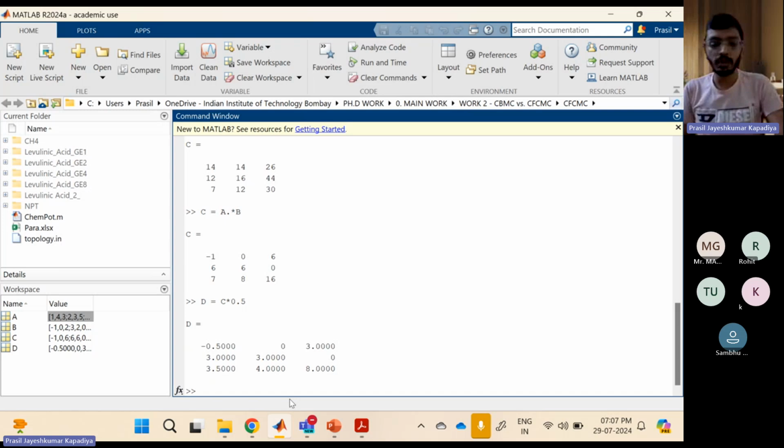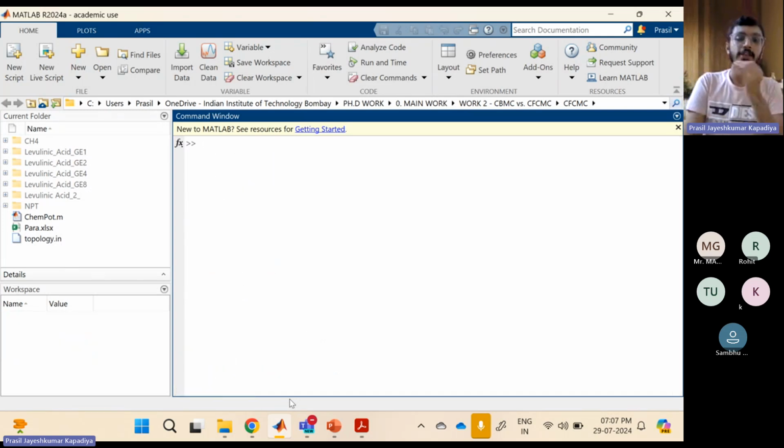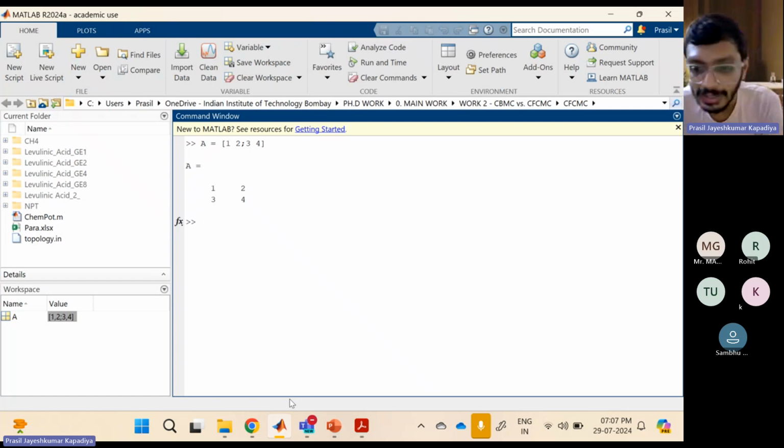Okay, one very important thing. I will first clear all this thing again and CLC. A is equal to 1, comma 2, 3, comma 3 and okay. So let me tell anyone, what is my second row first column element? Second row and first column element.